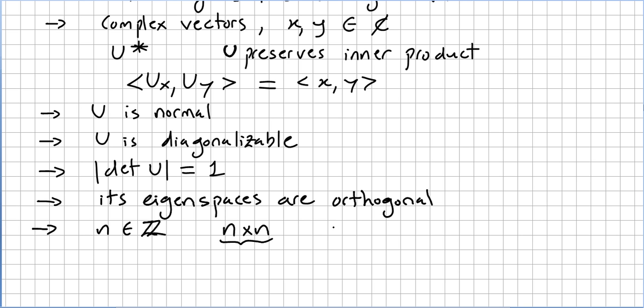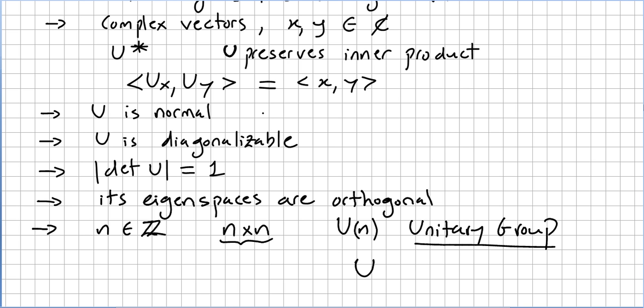The group is called U(n), a very well-known group called the Unitary Group. Very important group in quantum physics, in geometry, in lots of applications. Okay, so this will be the unitary group: unitary matrices and multiplication. Okay, they form this unitary group.